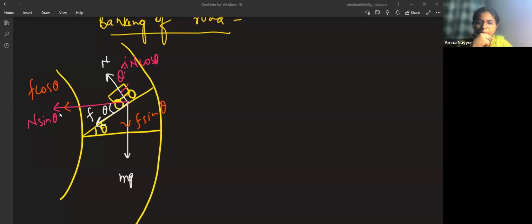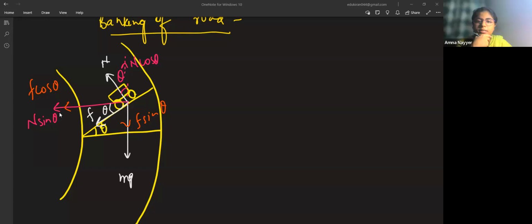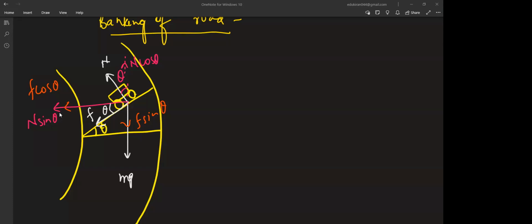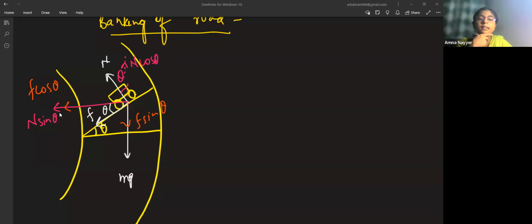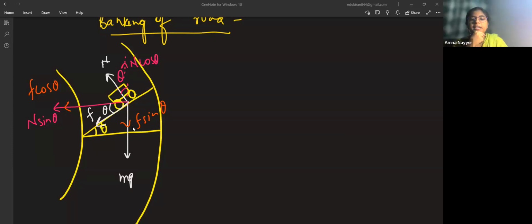Martin, can you try? Which force is providing centripetal force? mg, f sine theta. mg sine theta is acting downwards.